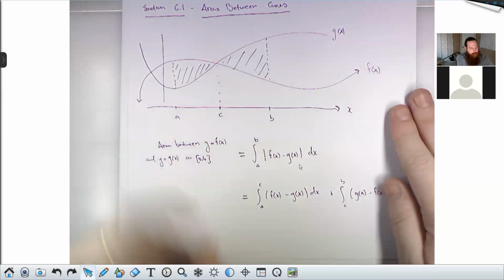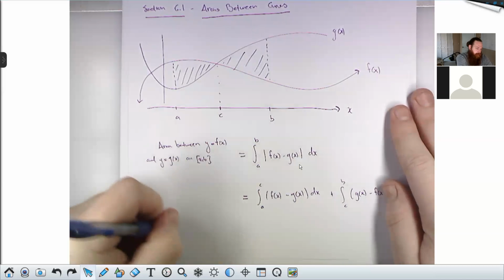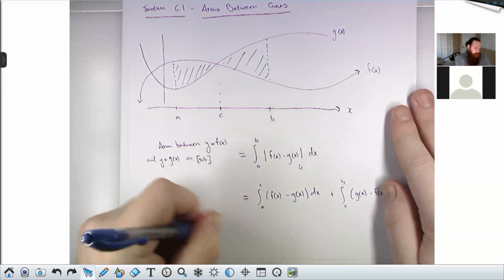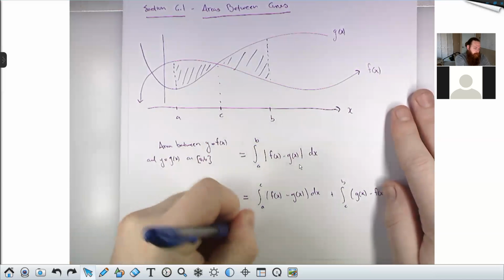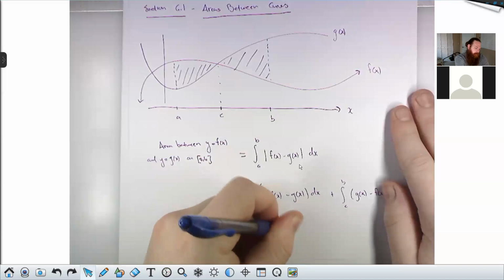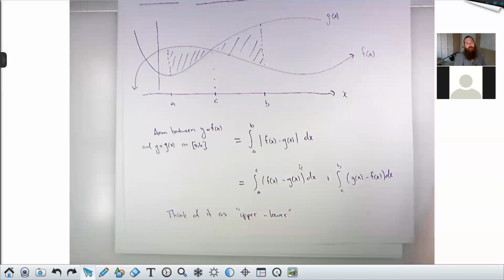And in general, you think of it as the integral of the upper function minus the lower function, or the larger valued function minus the smaller valued function.